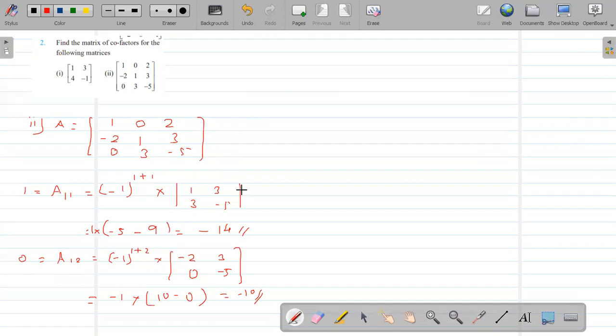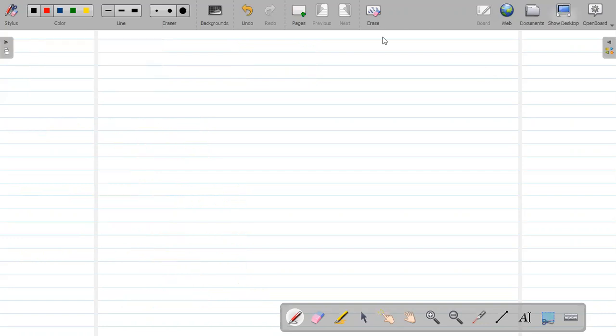Everybody will be able to do it now. Once you have found all the cofactors, what you have to do is just write them in the form of a matrix, right? Okay, so let's move on.